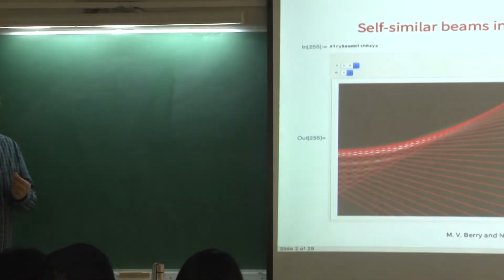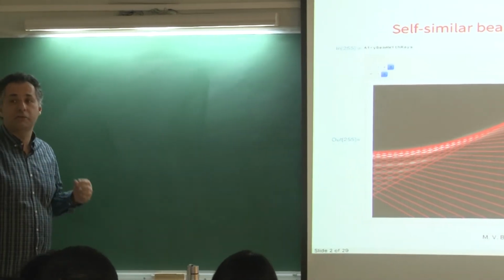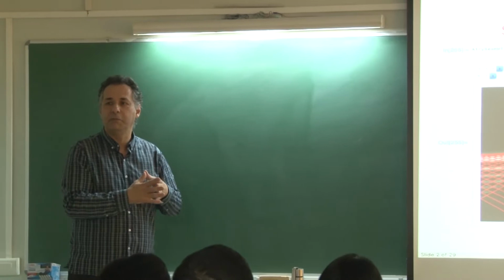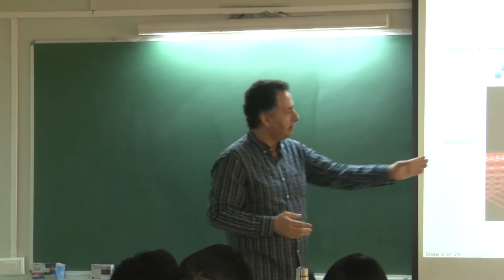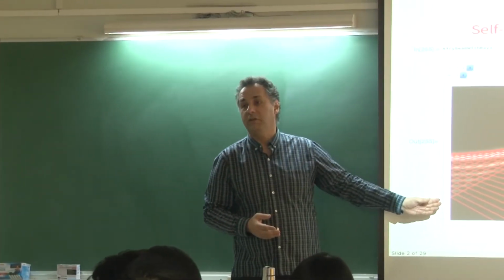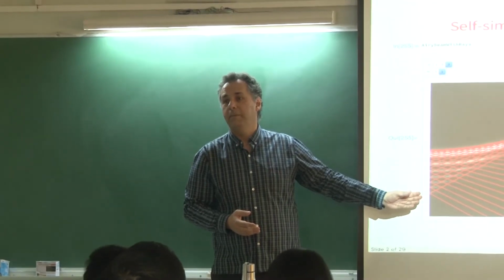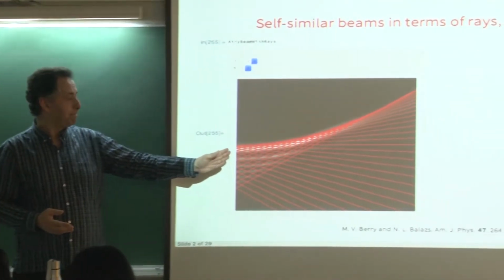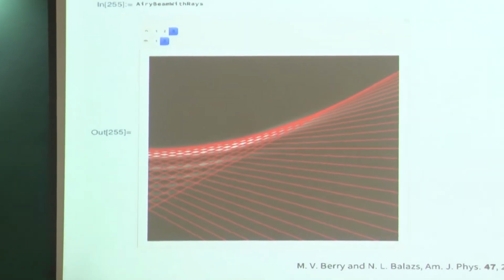That has applications. This has been used to extend the depth of focus of systems without knowing that it was Airy beams. Essentially, this is the Fourier transform of a pure cubic phase, so it's easy to generate.